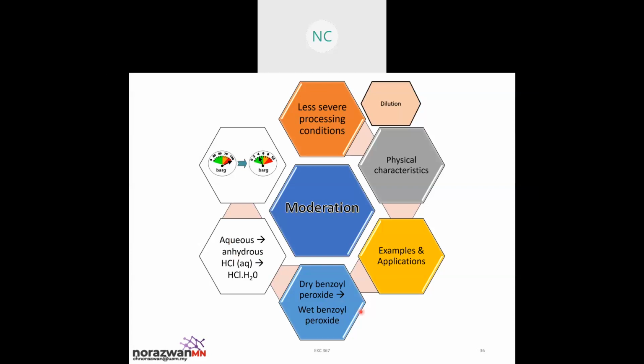So this moderation strategy works more towards the operating condition, towards moderating the condition and also the parameters. Okay, how you can reduce the concentration and so on.